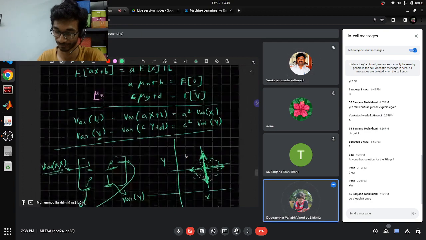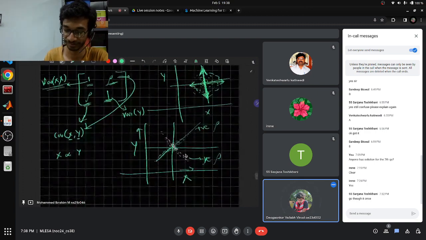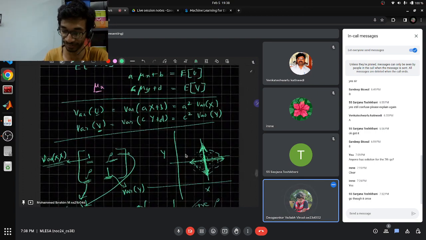So then we can look at what this is. Till now I basically covered this. The variance of u turns out to be a square times the variance of x, which in this question is given to be 1, and the variance of y is also given to be 1.